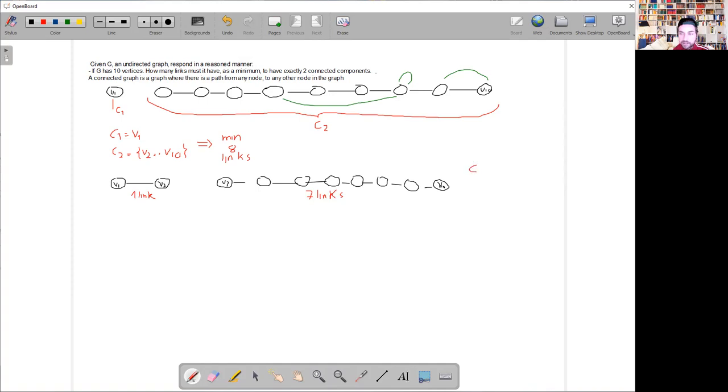So that means that now C1 is composed by B1 and B2, and C2 is composed by B3 to B10, right? And we still have 2 connected components. So the answer is that we need a minimum of 8 links to have 2 connected components in an undirected graph with 10 vertices.